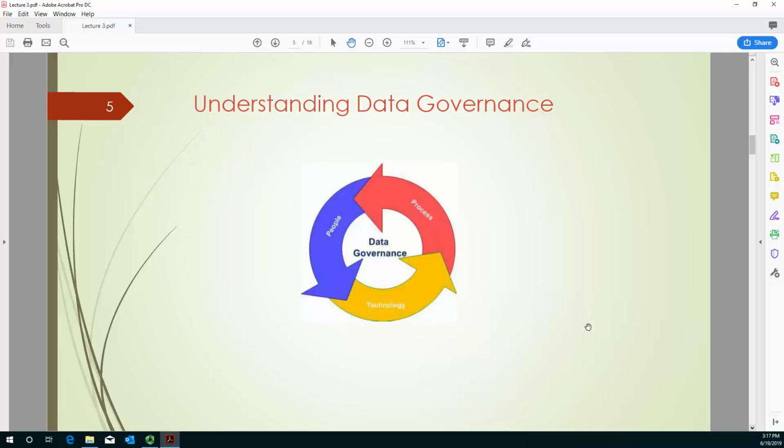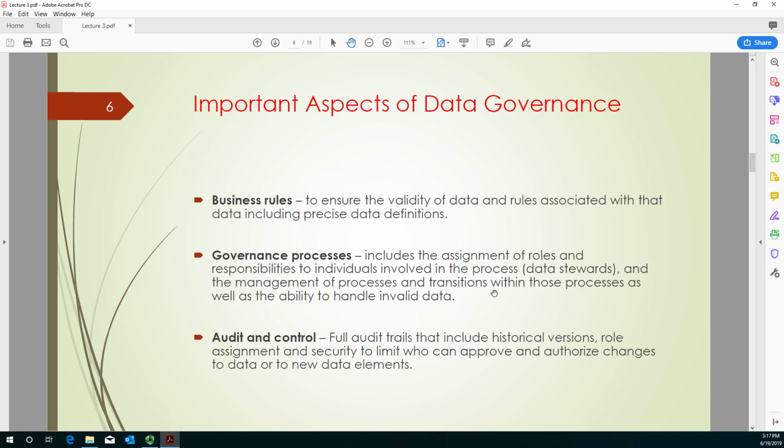So I'm going to skip this slide and see these are the things involved in data governance. One is the people, process, and technology. So it's all about how technology is used by processes and how processes are used by people to use that particular technology. Implement may not be the right word here, I'm sorry. Okay.